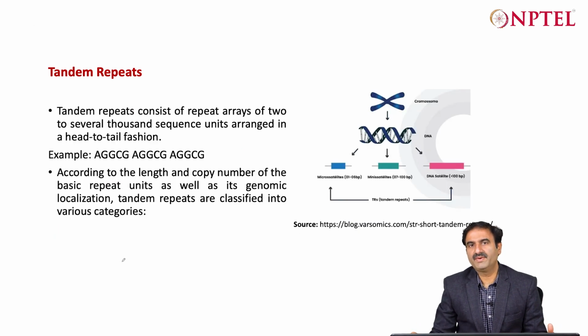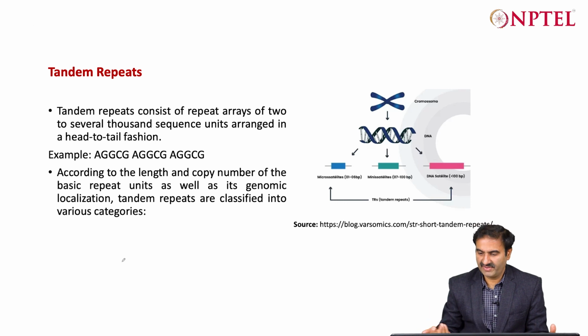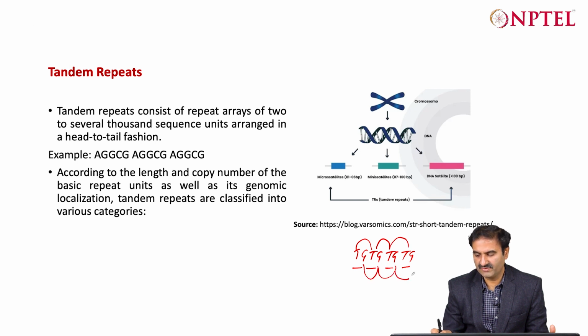So one is tandem repeats. Tandem means repetitive. For example, in this case, if I say TG, TG, TG, TG, this TG unit is repeating, occurring again and again in a repeating fashion.